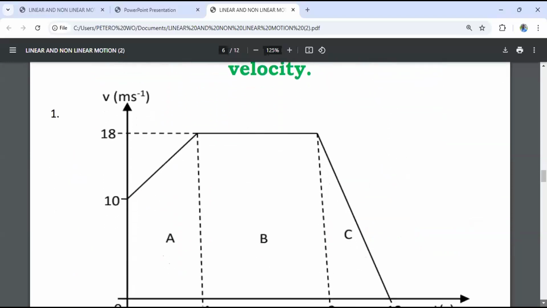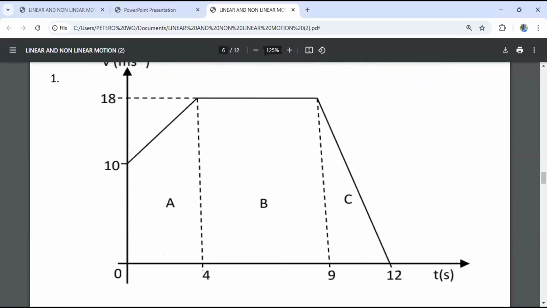So area under the graph is this. We have got the answer as 173. And that is the total distance traveled between this point where the motion starts from to when it is at rest at this point. Between those 2 points, that is the distance that has been traveled.